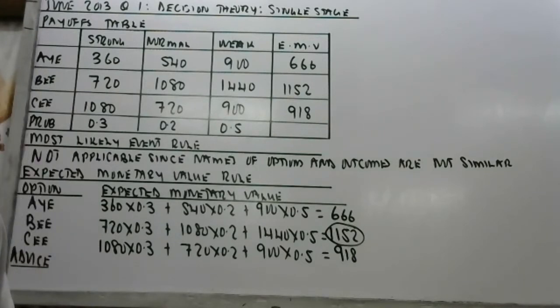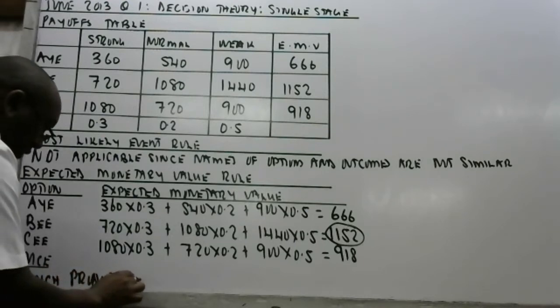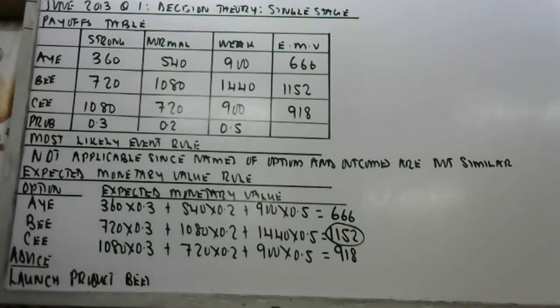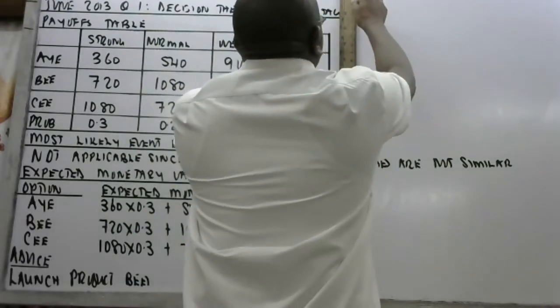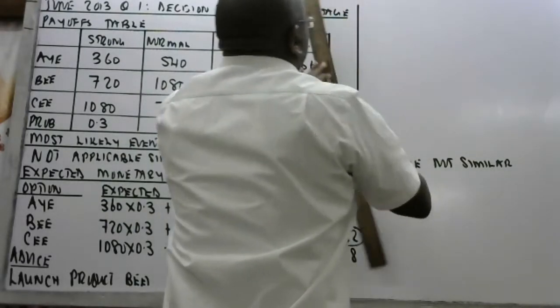It was about the information that should be paid, but they are trying to launch additional products. So we will advise them to launch product B. That is what we shall advise them to do.